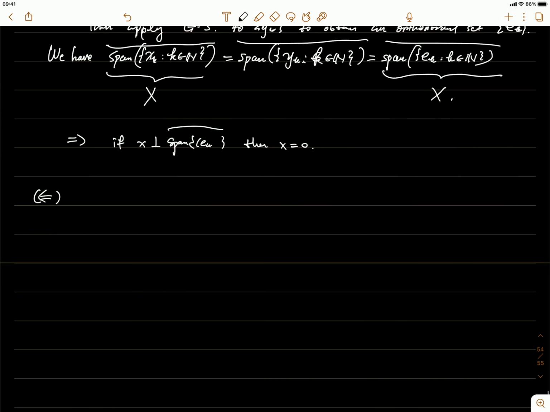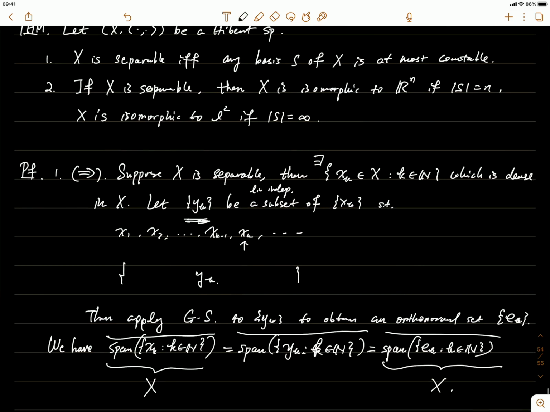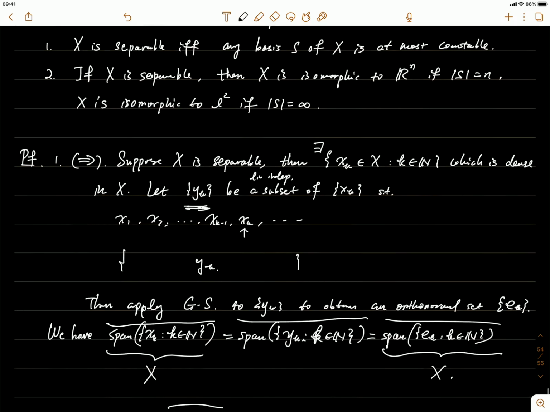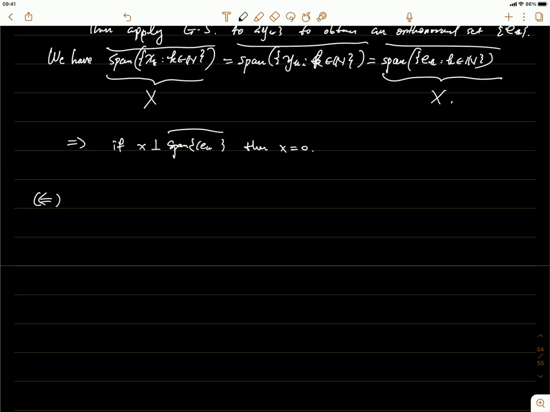The other direction is, suppose we know that the basis S of X is at most countable, then we want to show that X has a countable dense set. So for simplicity, say that S is countable, which means that I can rewrite it as this.